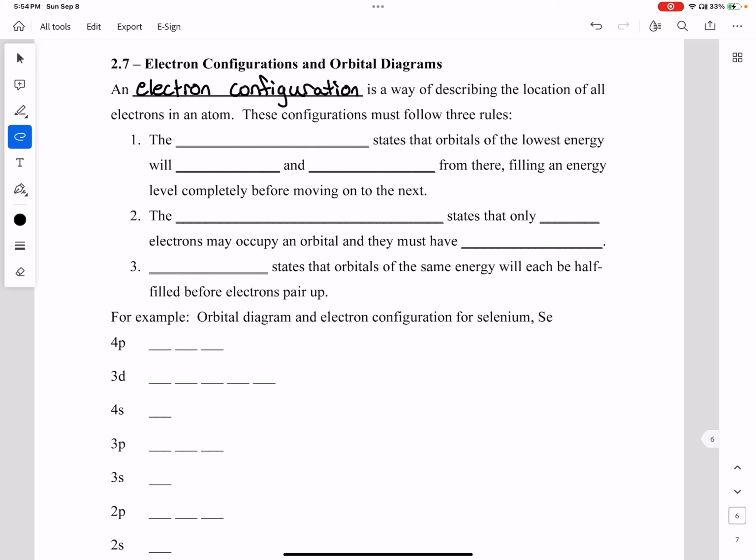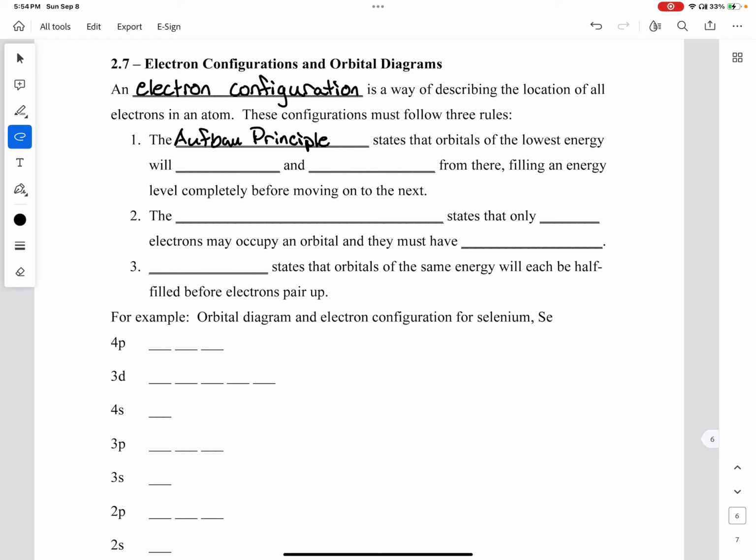Now, we have three rules that we have to deal with when we're creating an orbital diagram or an electron configuration. So the first one is the Aufbau principle. Had to check to make sure I was spelling that right.